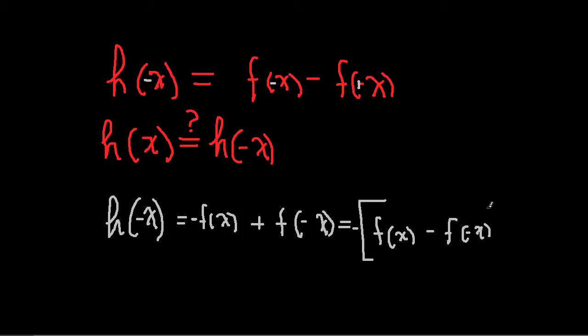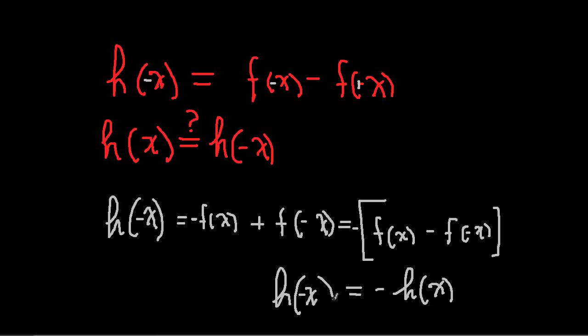Now, by the definition of h, this is equal to negative h of x. So here's what we have, that h of negative x is equal to negative h of x. This means that h of x is odd.